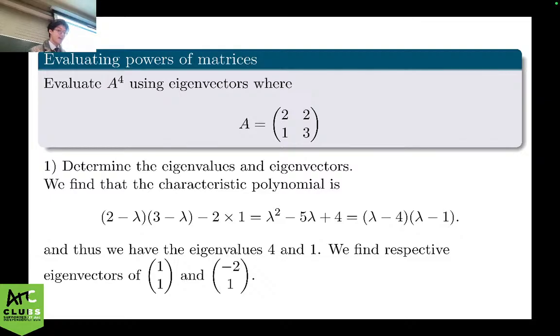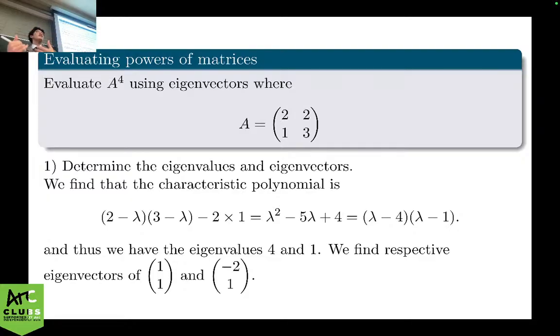So if we want to evaluate A^4 using eigenvectors, right? Because what we can normally do is take A squared equals A times A and then A squared times A squared. If you want to avoid doing that, we can instead use eigenvectors here. First, you want to determine the eigenvalues and the eigenvectors.